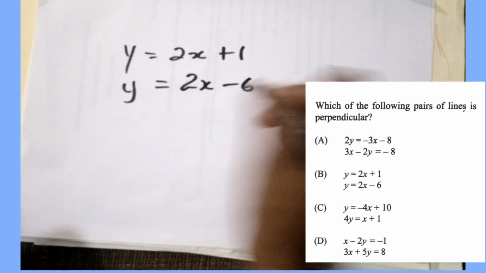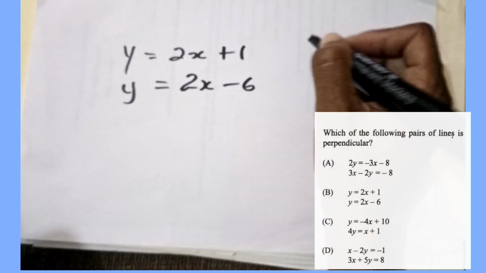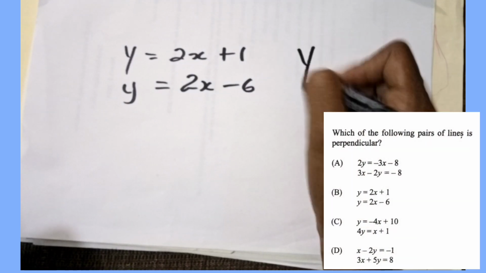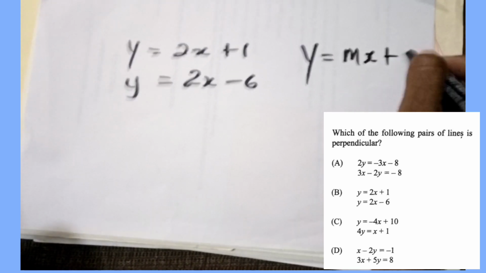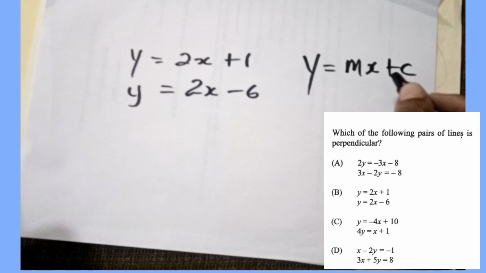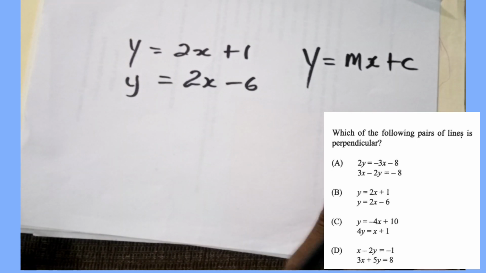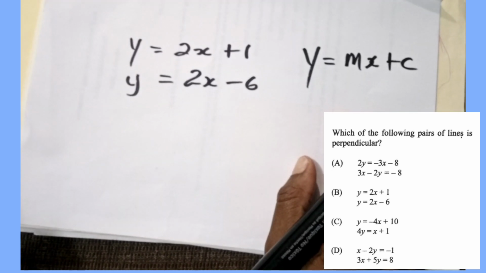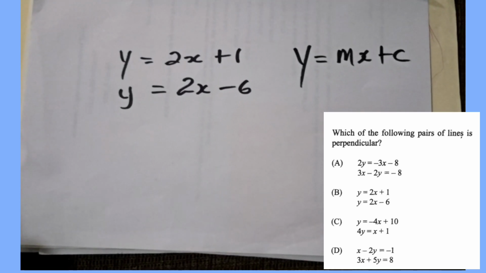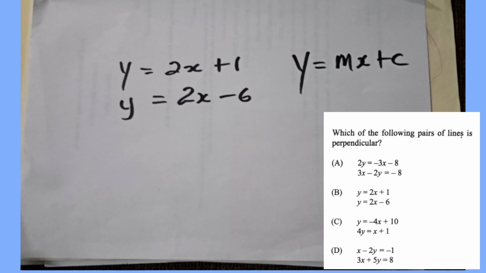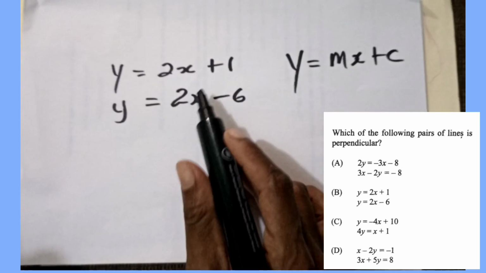Right? So let's try with the easiest set of equations. That's B. Let's try with B, because B is already written in the form y equals mx plus c. So we could go ahead and check for B. That is quick. And the gradient there is what? Remember, m is your gradient, the coefficient of x.